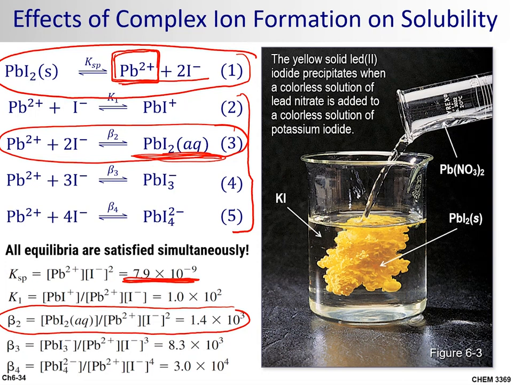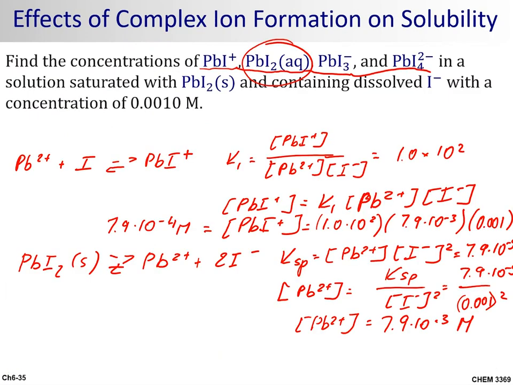Okay, so once you calculate the concentration of Pb2+ using this equilibrium, then you can calculate the concentrations of all these other complex ions using the other equilibria. Okay, so you can see that this treatment is quite complicated, and very soon I'm going to complicate it even more by introducing activity.